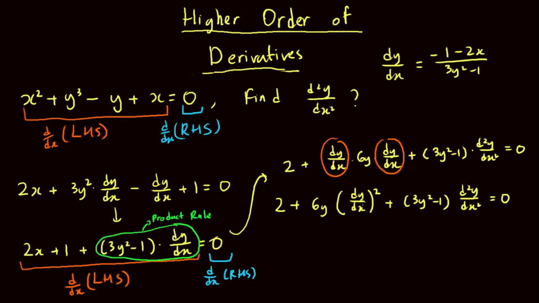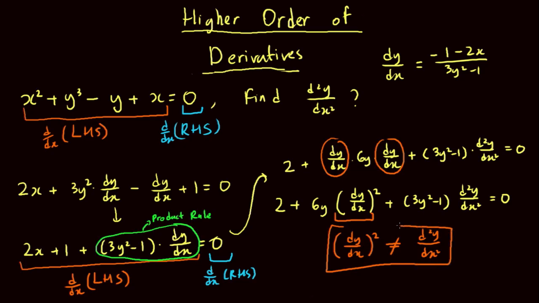Basically the dy over dx will end up having a square. By the way, dy over dx, the whole thing squared, is not equal to d squared y over dx squared. So be careful of this. Make sure you do not simply think that dy over dx, the whole thing squared, is equal to that. No, it's not equal at all. So this one you must remember.